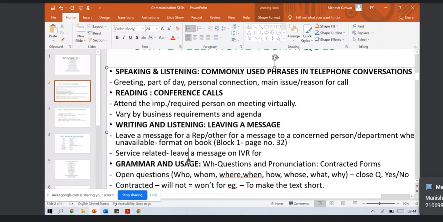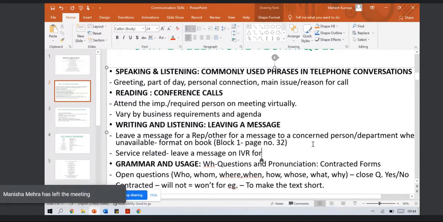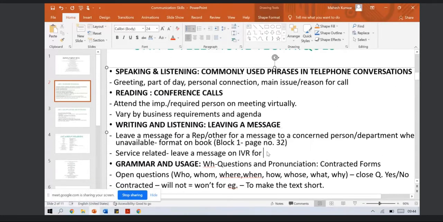In telephonic conversations, you may get a call from a customer or a client who wanted to talk to someone else from your organization. Maybe you are the secretary of your company boss, and your boss is out of town or busy in a meeting, and you receive the call.